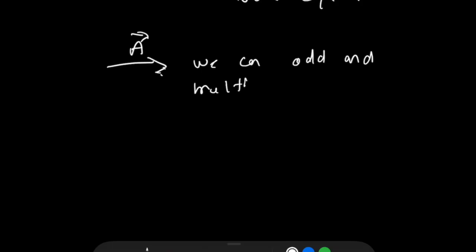With vectors we can add and multiply with a scalar number.